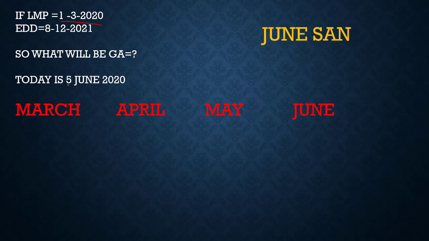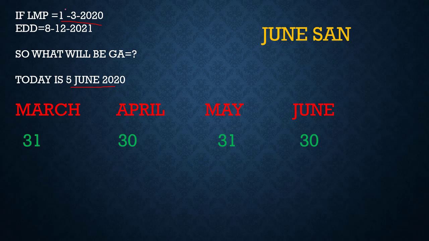If today is 5 June 2020, first of all we will write down the months from March till June: March, April, May, June. March has 31 days, April has 30 days, May has 31 days, and June has 30 days. Now as the LMP is the 1st of March, we will start counting the days from the 2nd of March. This is very important to measure the accurate gestational age.